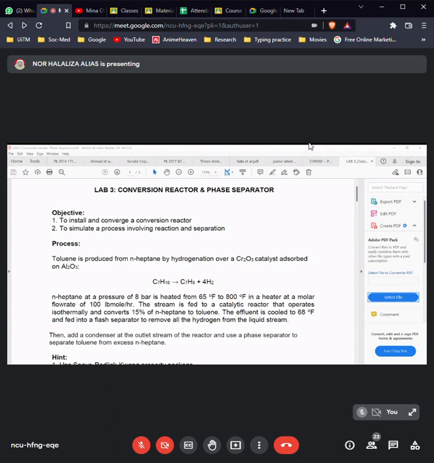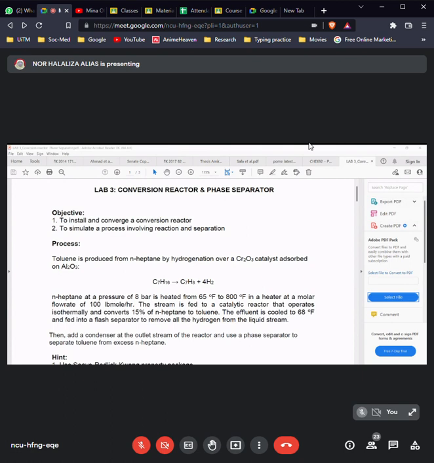Okay, N-heptane at the pressure of 8 bar is heated from 65 degree Fahrenheit to 800 Fahrenheit in a heater. Okay, you are given molar flow rate 100 pound mole per hour. Okay, the stream is fed to a catalytic reactor that operates isothermally and converts 15% of N-heptane to toluene. So it means that originally you have the N-heptane.